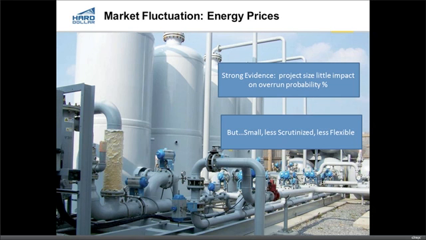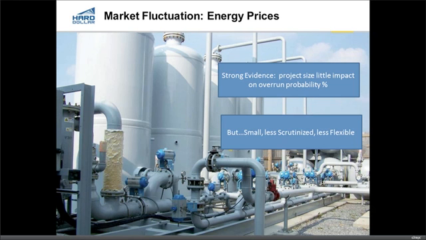But strong evidence on the project side shows little impact on overrun probability. Basically, in many cases, a larger project doesn't necessarily have a larger percentage impact on overruns and underruns. It's about the same. Oil and gas has a little more diversity when it comes to big and large projects.